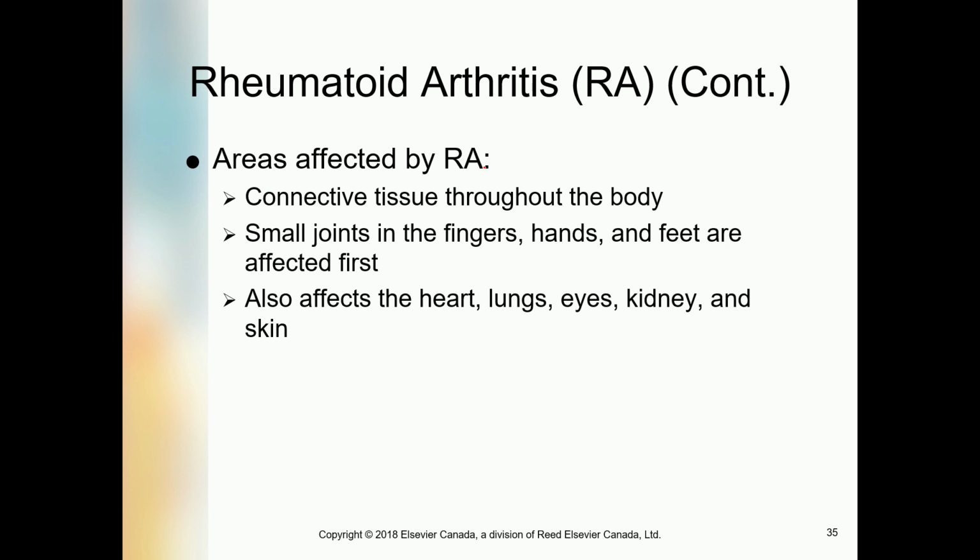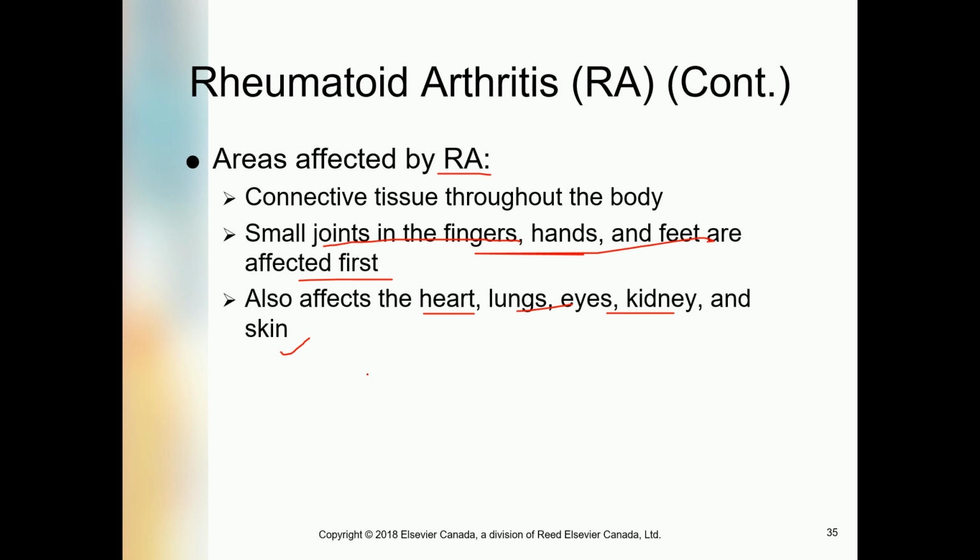With rheumatoid arthritis, RA, connective tissue throughout the body will be affected. That's why body movement and joint movement are affected. Small joints like those in the fingers, hands, and feet are affected first. It also affects the heart, lungs, eyes, kidneys, and skin.